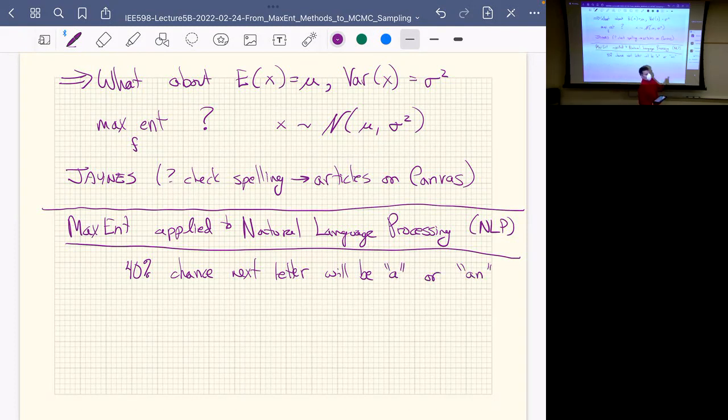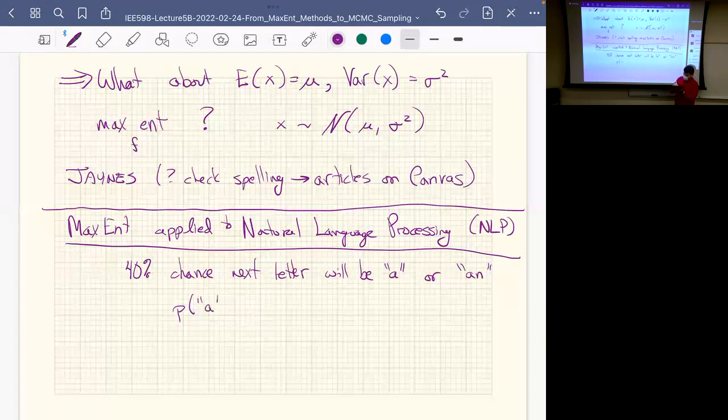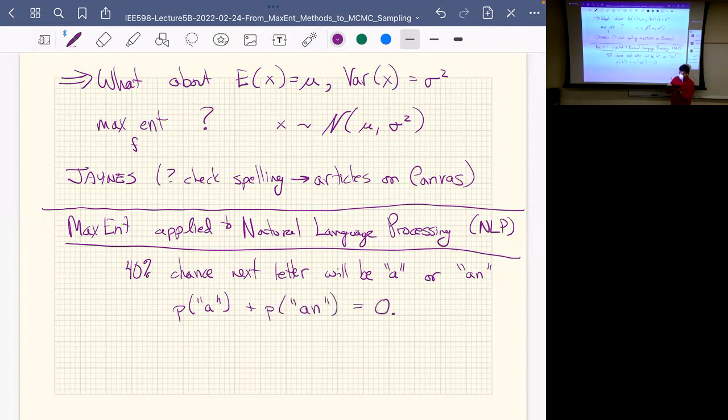The reason you choose "a" or "an" has to do with the next word that follows it. So I have this constraint now that the probability of "a" plus the probability of "an" is equal to 40%. That becomes a constraint on my system.